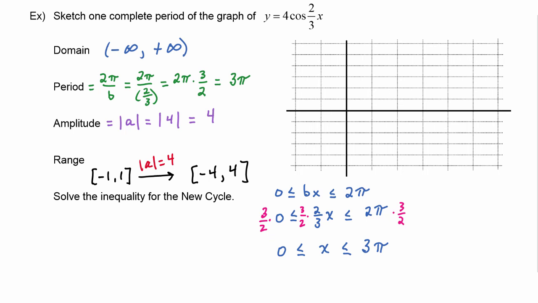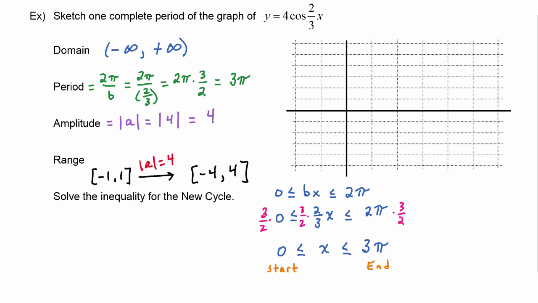So this inequality tells us where the cycle of our one complete period will start and end. So it will start at x equals 0 and it will end at x equals 3 pi.